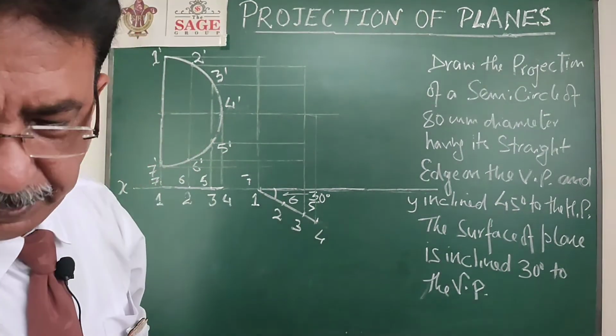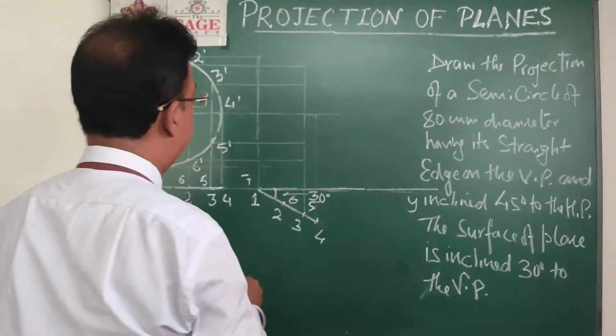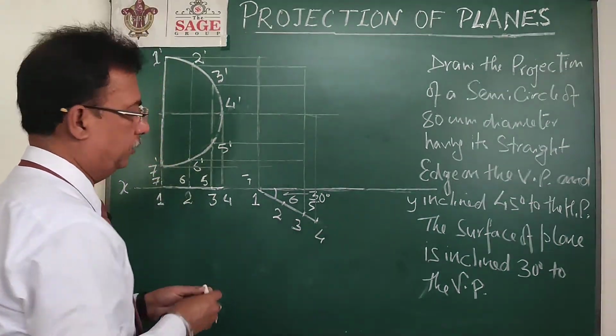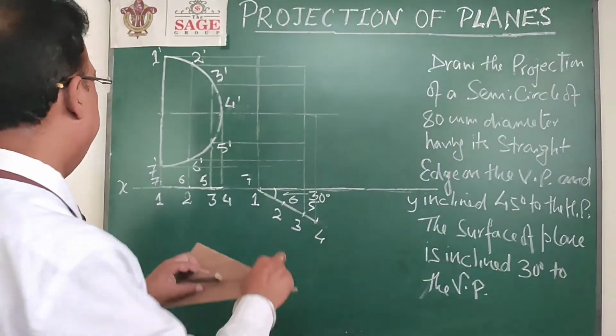So this is the way I can mark all these points in the front view again.